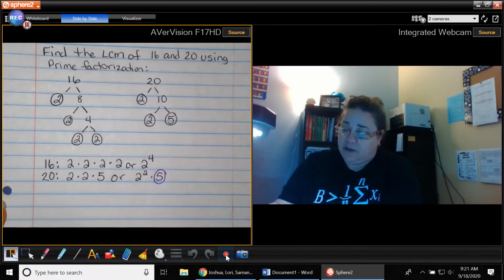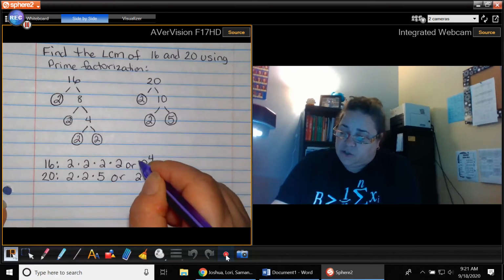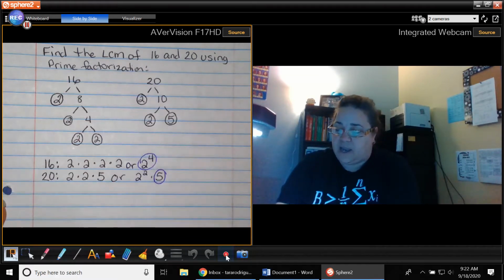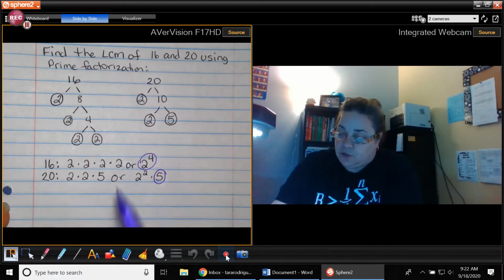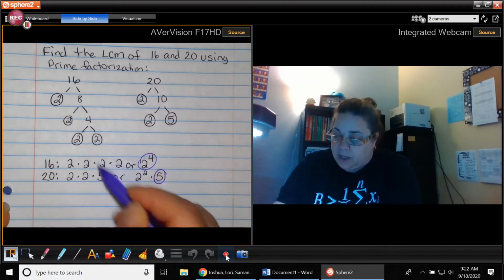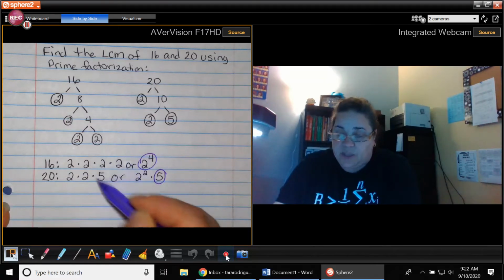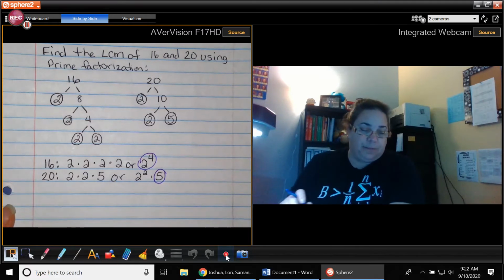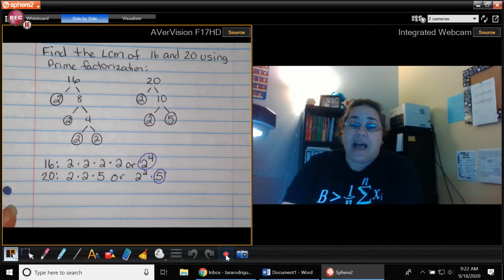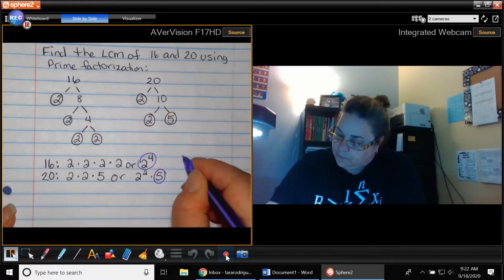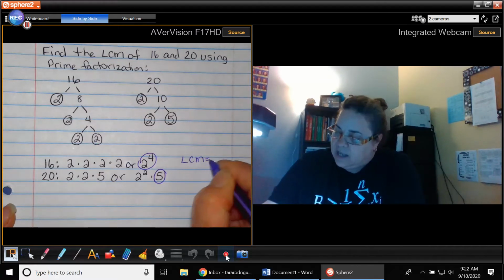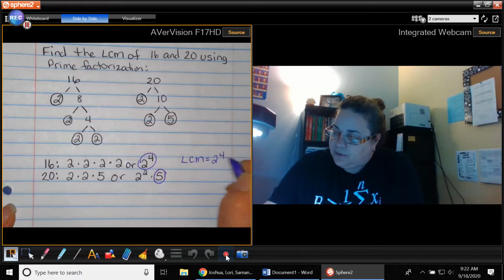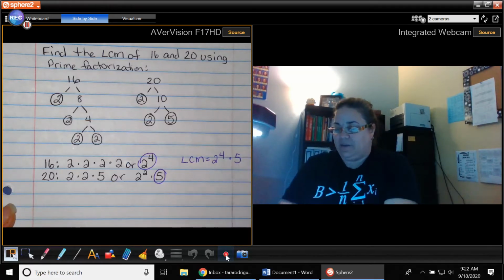Well, the greater factor is 2 to the 4th, okay? Or I could have just circled 1, 2, 3, 4, and then the 2 there, the 5 there, okay? All right, so that means that the LCM is 2 to the 4th times 5.